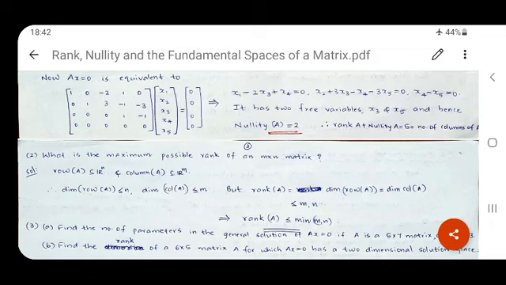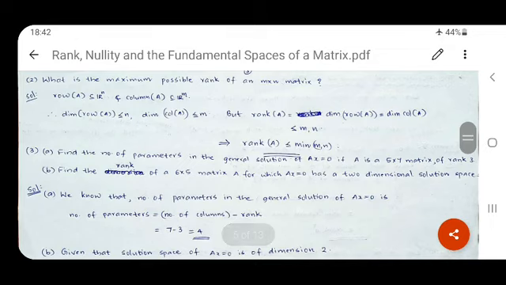So any subspace of Rn is of dimension less than or equal to n, and any subspace of Rm is of dimension less than or equal to m. Therefore, the dimension of the row space of A, which is equal to the dimension of the column space of A, and which is the rank of A, is less than or equal to both m and n, which means it is always less than or equal to the minimum of m and n.